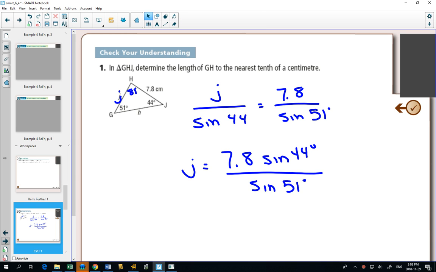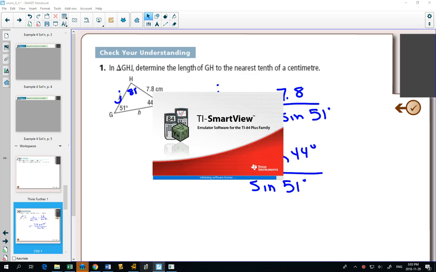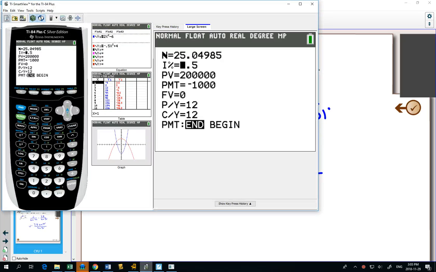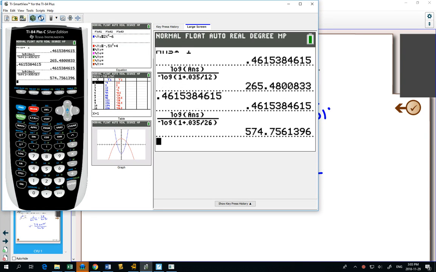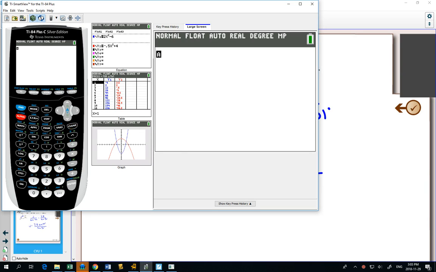You would go to your calculator. I think you guys are going to like the sine law. You go to your calculator and you type that in: 7.8 sine of 44 divided by sine of 51.